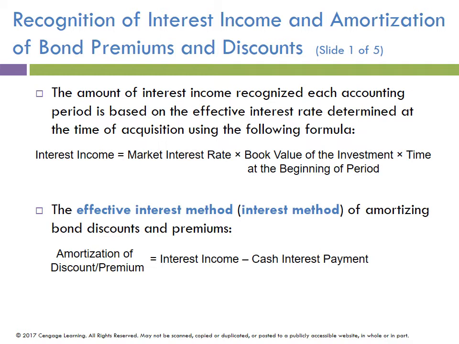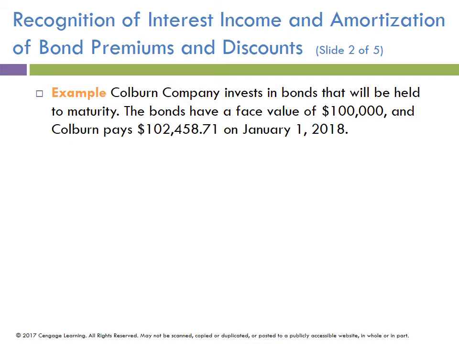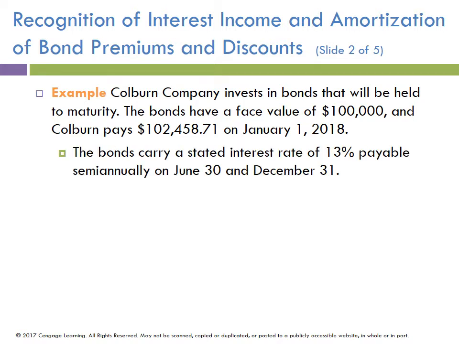So let's keep going with this. Colburn Company invests in bonds that will be held to maturity. They have a face value of 100,000 and they pay 102,458.71. So they pay more than the face, so they purchase them at a premium. The bonds have a stated interest rate of 13%.